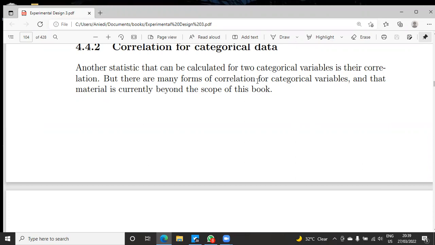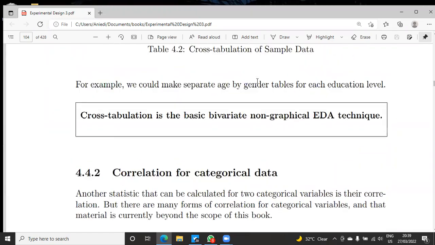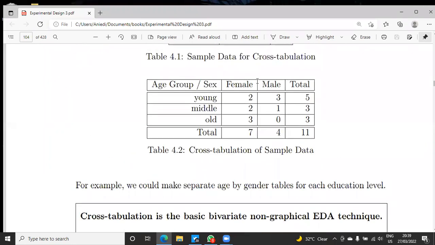And let me use this typical example. If you notice in our culture, using the same data, even though this data did not tell us what was collected, let's assume that we want to find how marriages occurred in the last week: 2 young females wedded and 3 young males wedded, 2 middle females wedded and 1 middle male wedded, and 3 old females wedded and 0 old males wedded.